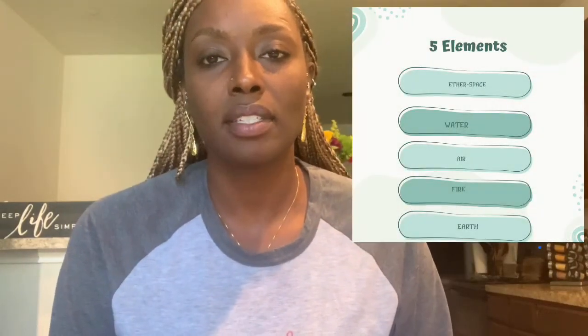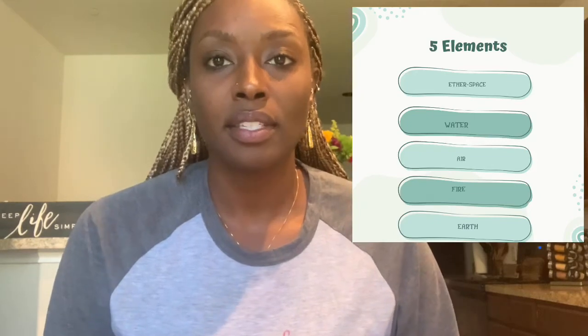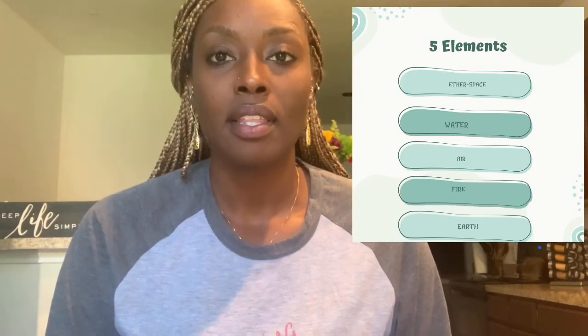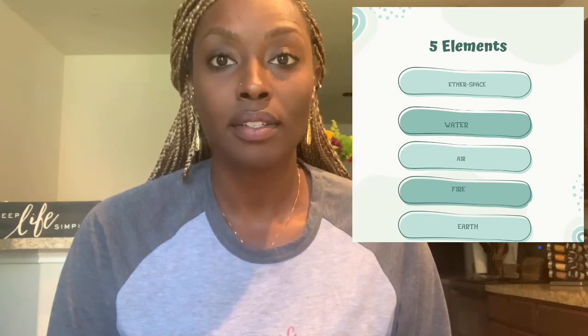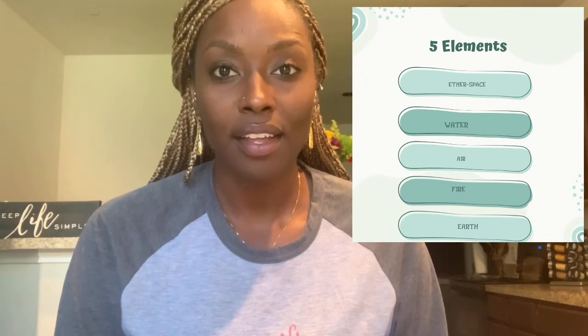Five elements, which is space, ether. That's the most subtle of the five elements. Then there's water, fire, air, and earth. These five elements are then used within our constitution, how they flow in our body.